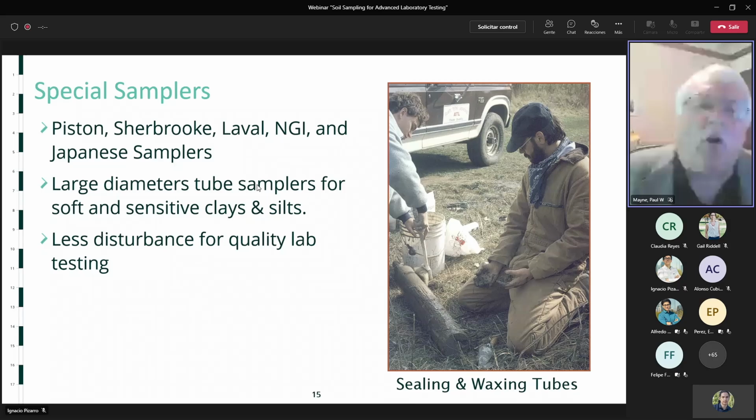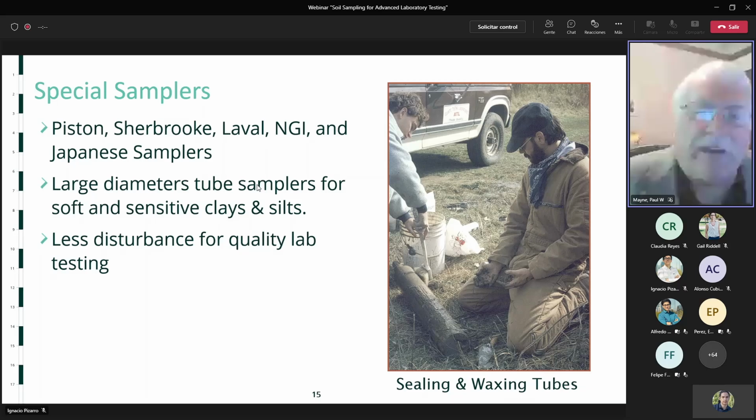And then we have a whole family of special samplers. I didn't really have the time to go through collecting information about all of them, but we'll look a little bit about some comparisons a little later on. But a piston sampler is like a Shelby tube, but it has a little piston at the back end that applies a slight vacuum when you're trying to retrieve the sample rather than have it fall back into the borehole. So we don't want that to happen.